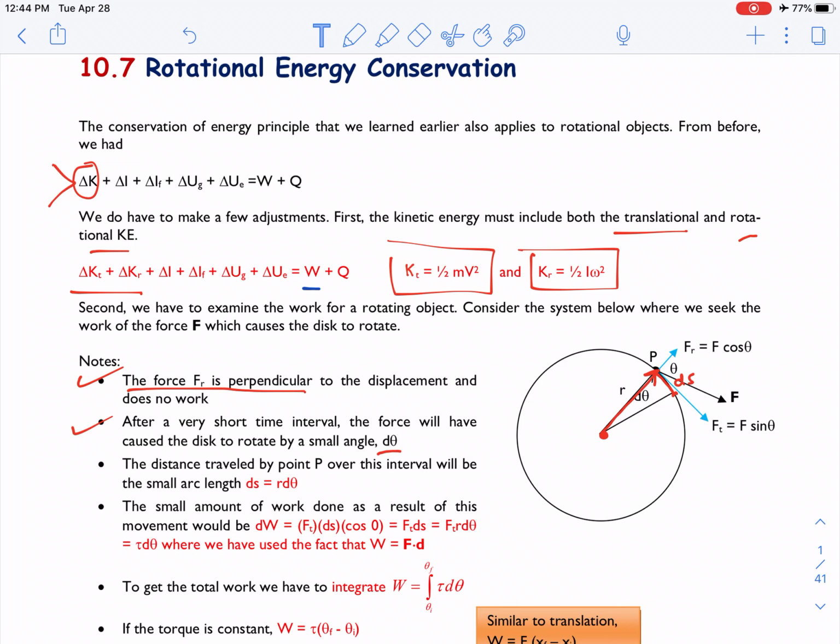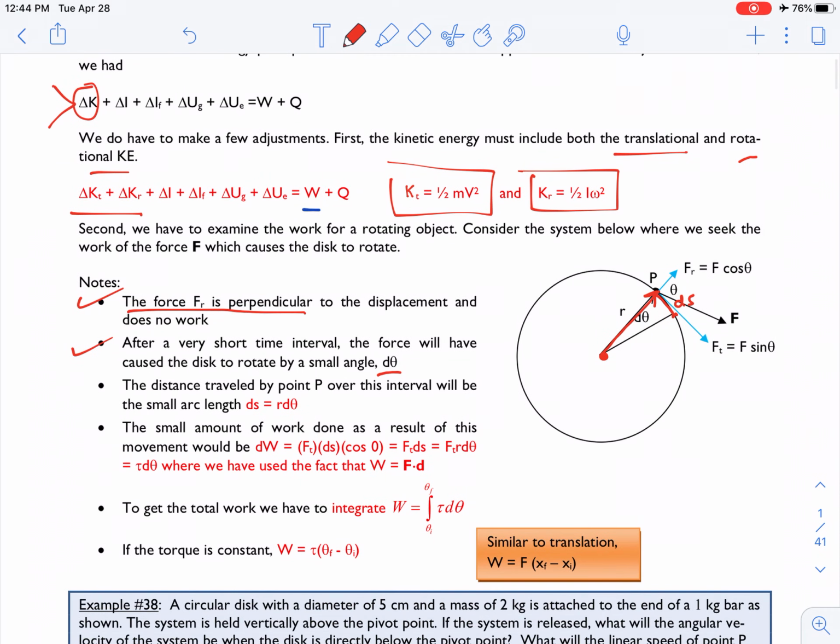Keeping that on the side, and knowing that ds is our displacement, since we are going to calculate work done, the small amount of work done as a result of this movement would be dW. You're putting that d again because it's a very small amount of work due to a very small amount of displacement.